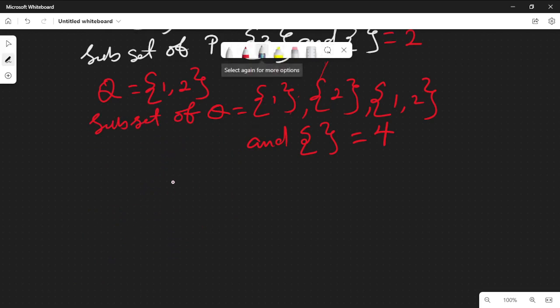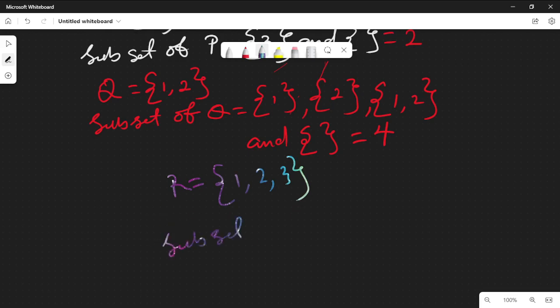So let's say set R is equal to the set of 1, 2, 3. For example, set R now contains what? 1, 2, 3. Now, if this is what we have in set R, what's going to be the subset of R?